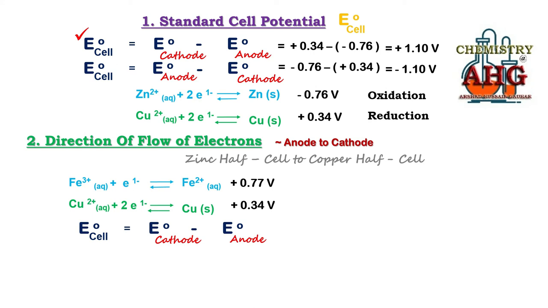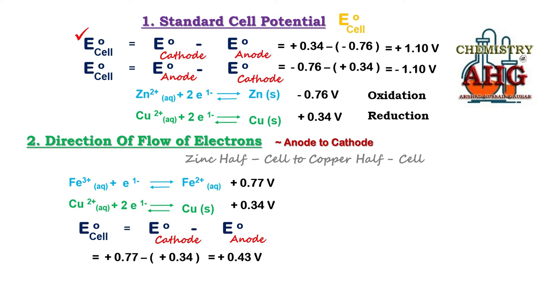Right now which half cell has the greater value mathematically? The half cell of iron. So that half cell must undergo reduction, it must act as cathode. So the formula will be plus 0.77 minus plus 0.34. If you calculate this, it will come out to plus 0.43 volt. So this is the standard cell potential for this electrochemical cell.